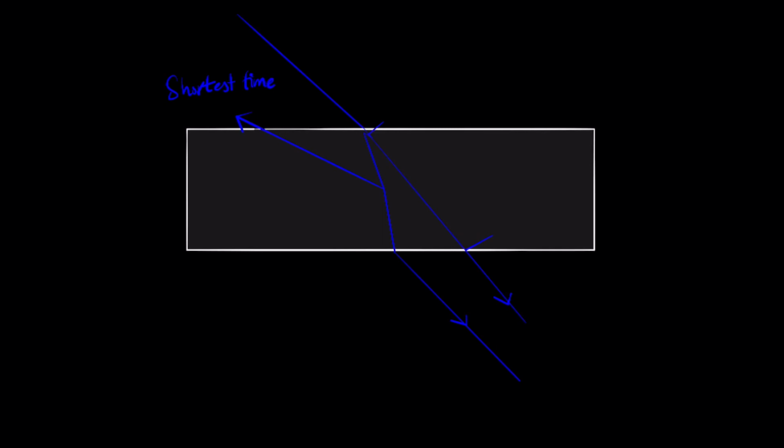So it doesn't want to stay too long in the medium, so it always chooses the shortest time and shortest path. It would rather spend less time in the medium and change its original direction than try to go longer in the medium and go through the medium directly. This here is the understanding of the wave model.